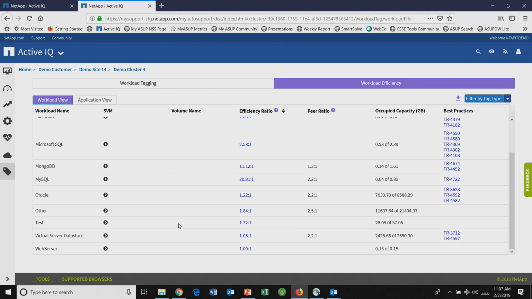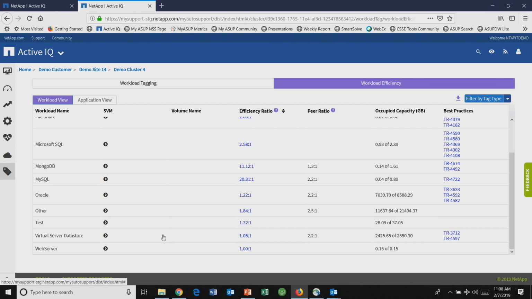She also knows there is a particular server refresh project going on, and she's looking at opportunities to take a couple of these workloads, particularly this virtual server data store workload, into a HCI cluster.